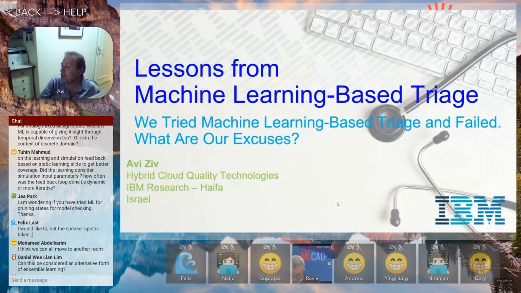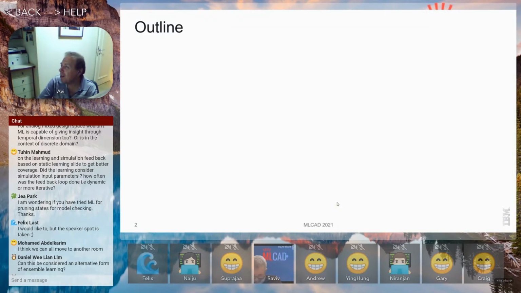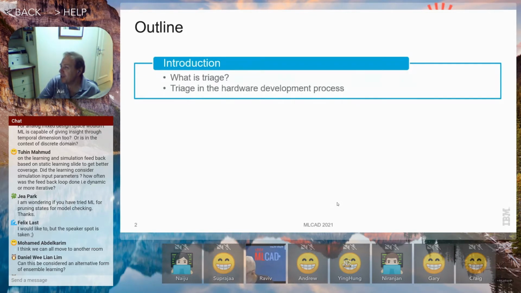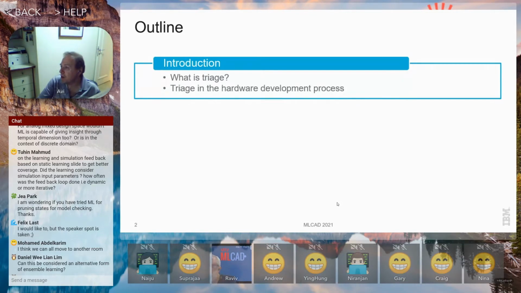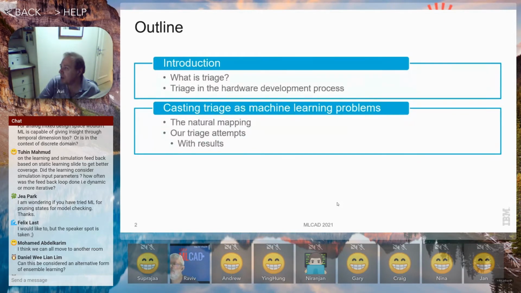What are our excuses? The outline here is, first I'm going to explain what triage is and what triage means in the world of hardware development process. And then I'm going to talk about how we can look at triage as a machine learning problem. And actually the mapping there is quite natural. And then I'll talk about our triage attempts, show some results.